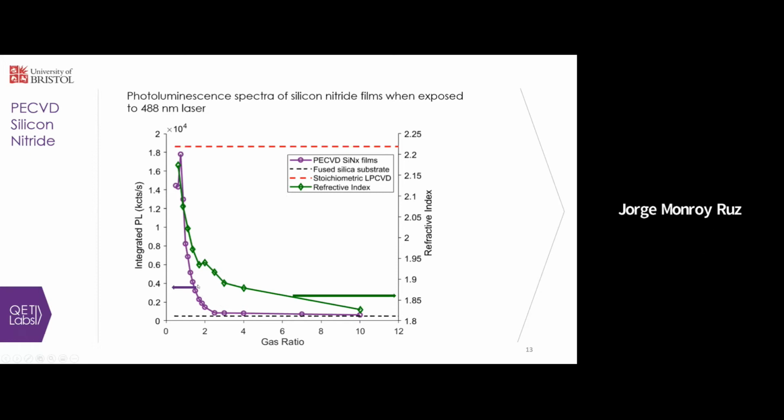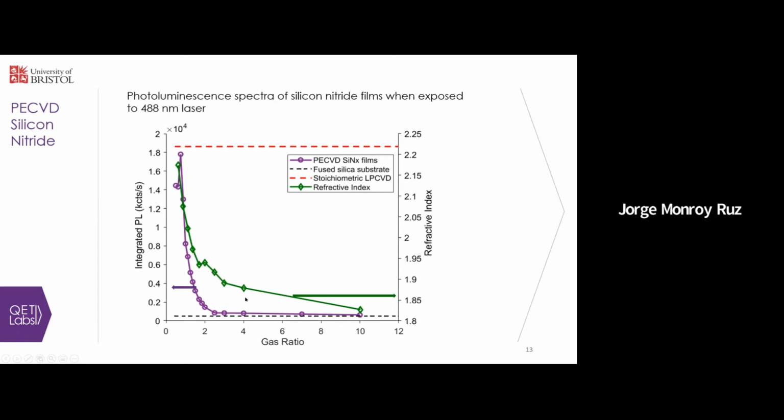You can see exponential decay at the bottom, and you can also see how the refractive index changes as expected with this stoichiometry. So the recipe we're going to pick is the one that suppresses the autofluorescence but does not compromise too much the refractive index, so we can have a better footprint and better performance of the devices.